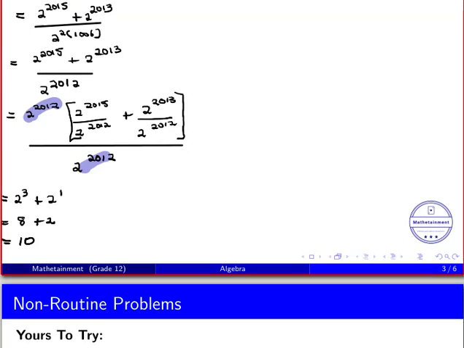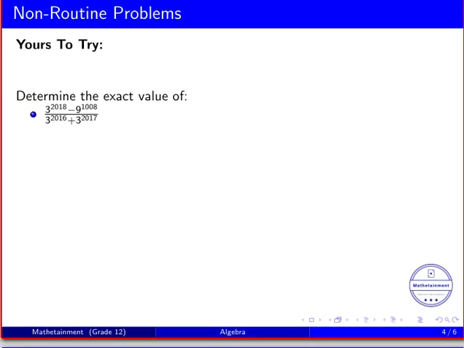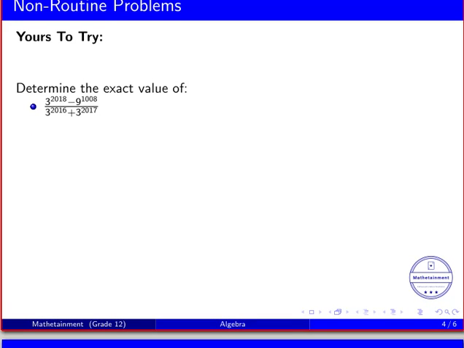So to check whether you understood, I've decided to give you this, yours to try. Yours to try is to determine the exact value of (3^2018 minus 9^1008) all over (3^2016 plus 3^2017).